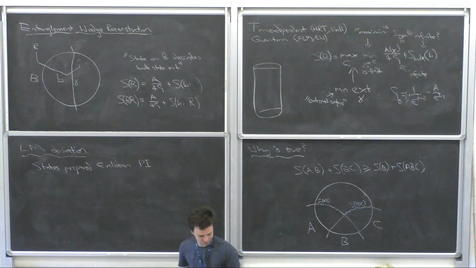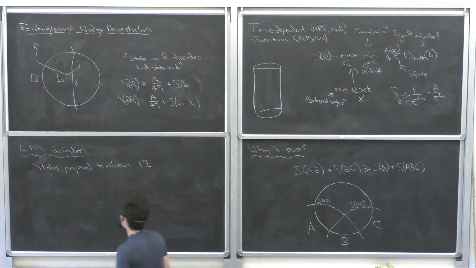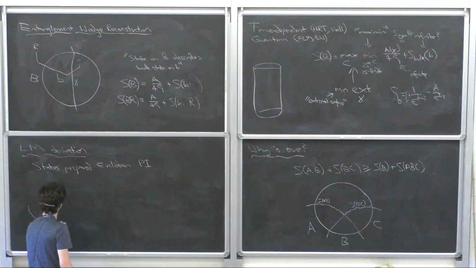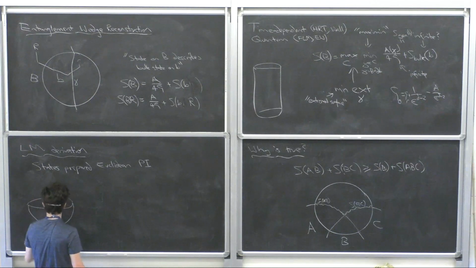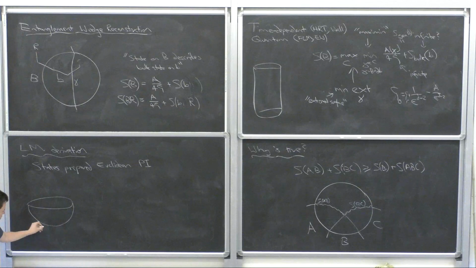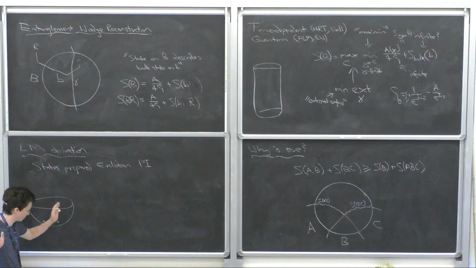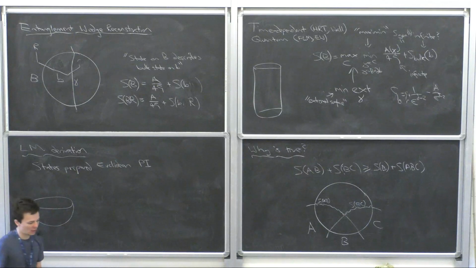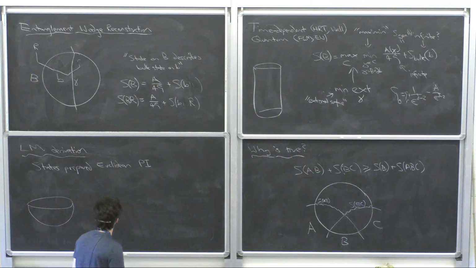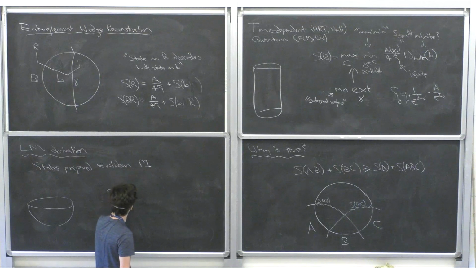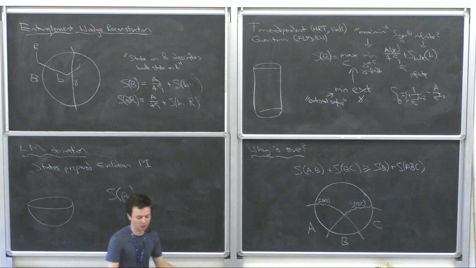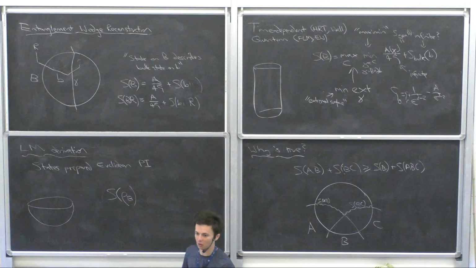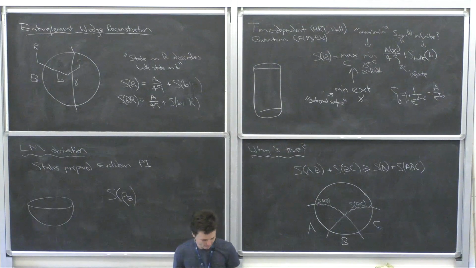So we have some state, psi, that's prepared by some Euclidean path integral. Maybe there's some sources down here, some insertions or whatever, but I'll mostly forget about those. Maybe it's just a vacuum state. And we want to compute the entropy of the reduced density matrix on B. Okay?